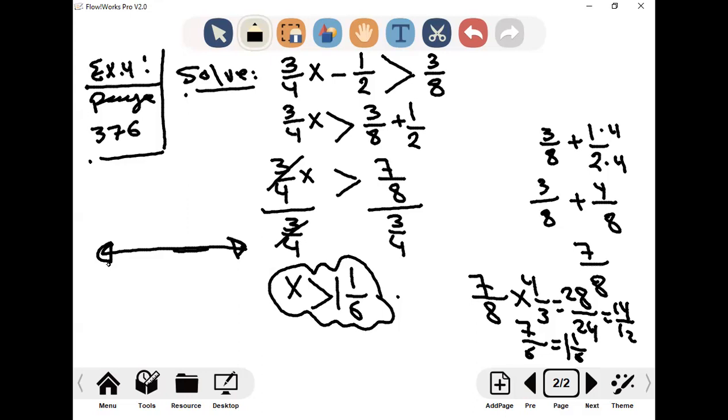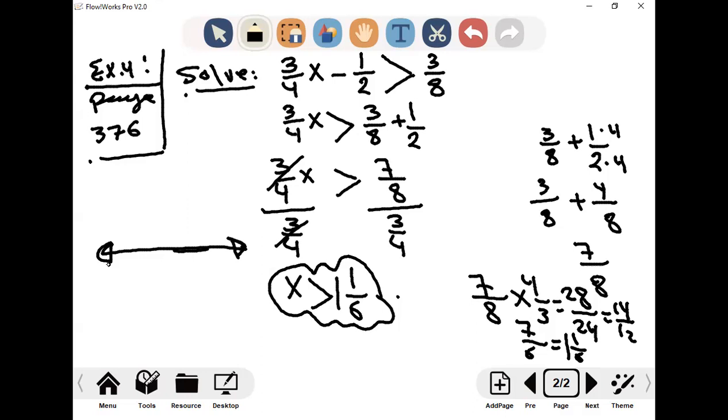You will estimate it. 1 and 1 over 6, it's 1 and a small value. Which is bigger, 1 and 1 over 6 or 1 and half? The half is bigger, right? So 1 and 1 over 6, it is between 1 and 1 and half.